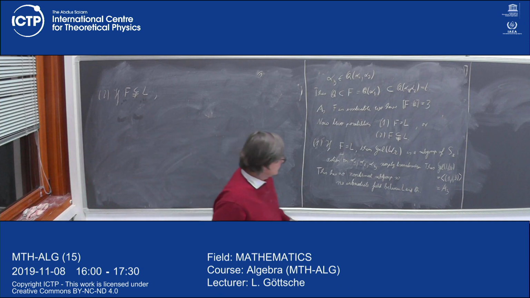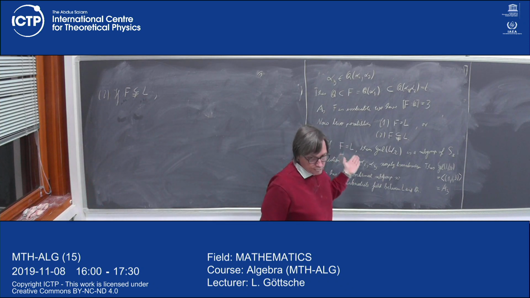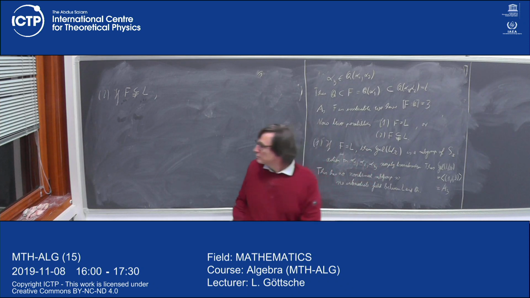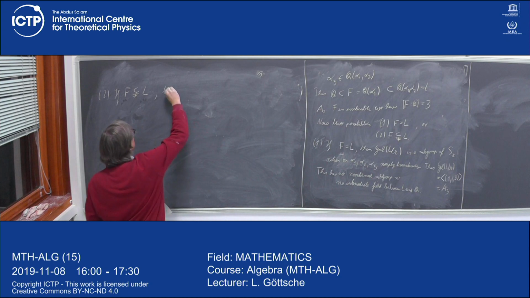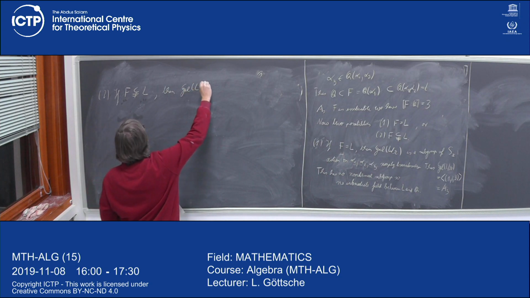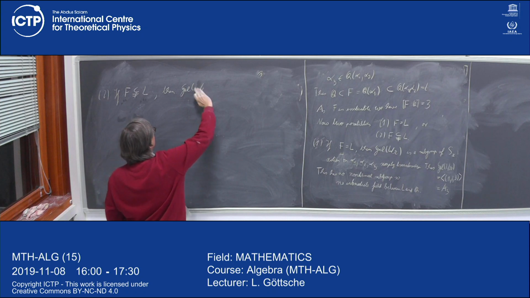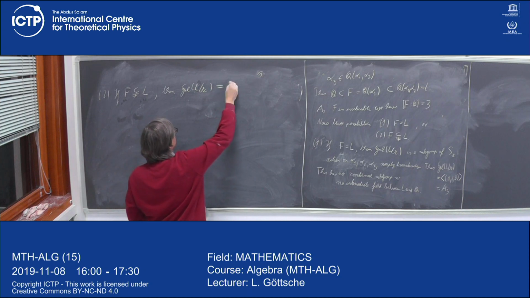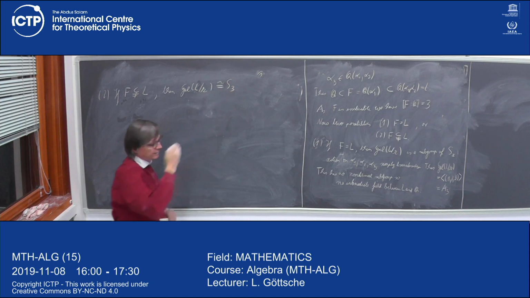In the first step, the degree already was 3. So if it's bigger, it must be a multiple of that, so it must be at least 6. That means it must be the whole symmetric group. So the Galois group of L over Q is naturally isomorphic to S3, the full symmetric group permuting all the roots.